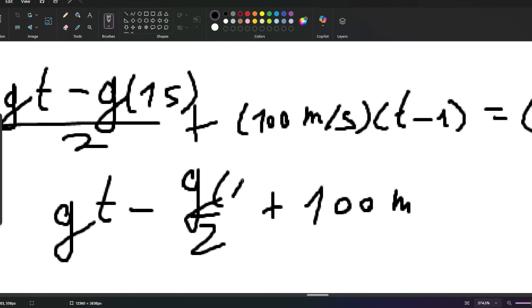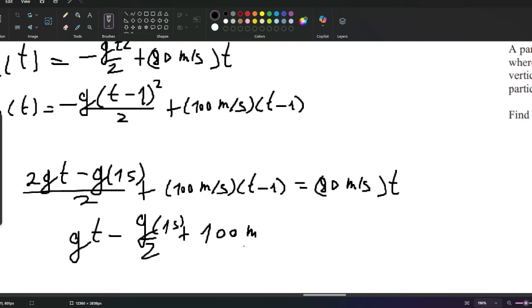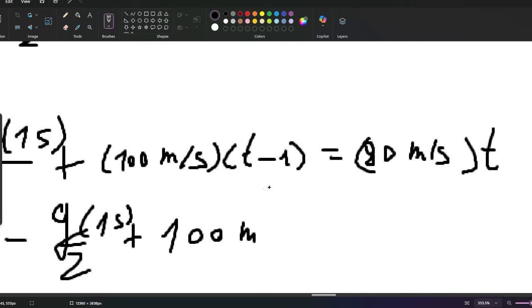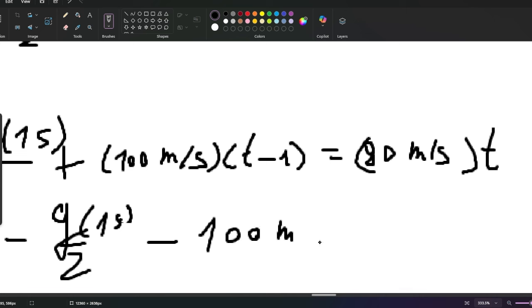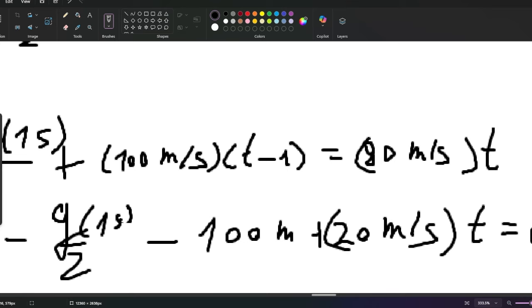Holy yap, this is terrible. Plus 100 meters. No, yeah, minus 1, that's minus 100 meters. And then we subtract 80 meters per second times T from both sides. We have plus 20 meters per second times T is equal to 0.